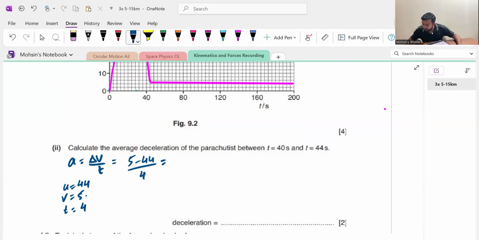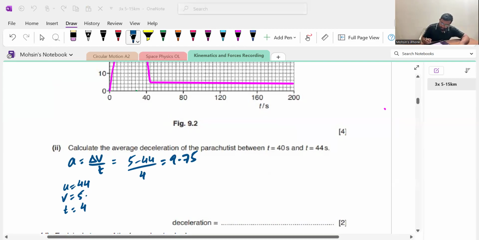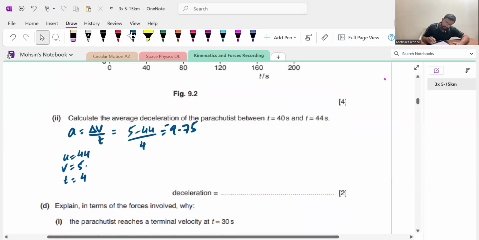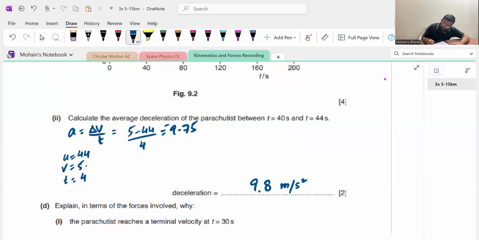That is 9.75, which will be 9.8 in two significant figures. It is negative. Deceleration, it's obvious it will be negative, so we will write minus 9.8, it's only 9.8 meters per second square. I'm not writing the negative sign here because it is obvious that deceleration is negative.